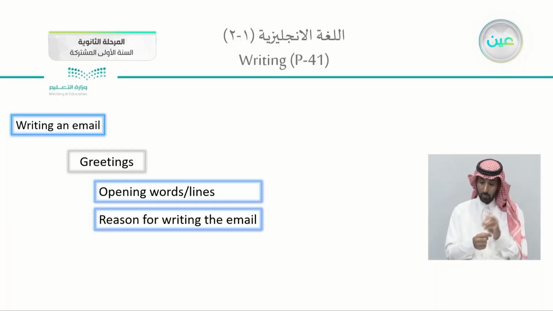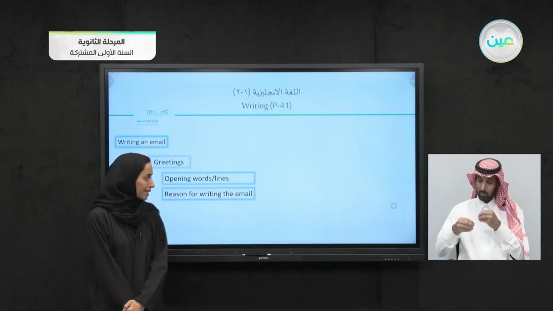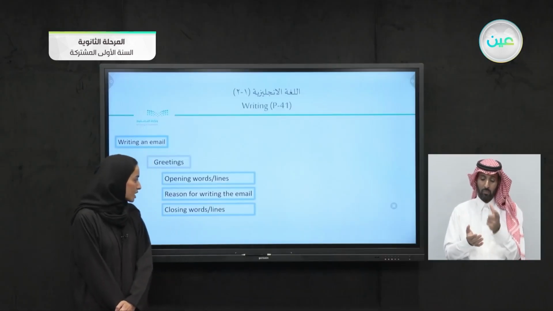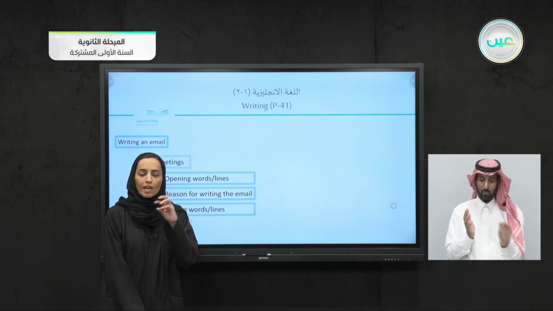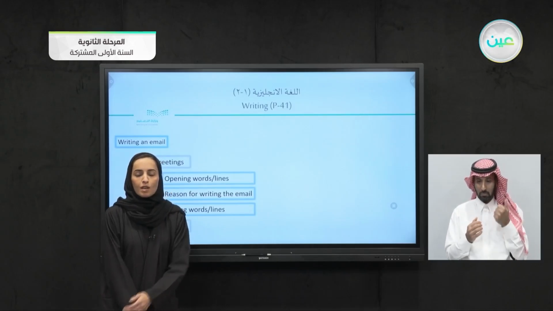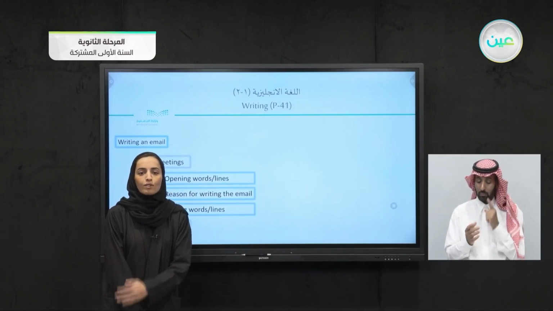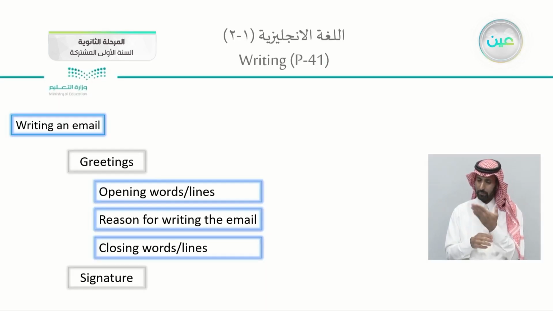How are you? Then the reason for writing the email. This is the body part, which is the content of the email, followed by the closing words or lines. And by the end, you have to sign it with your name, based on whether it is a formal or informal letter.